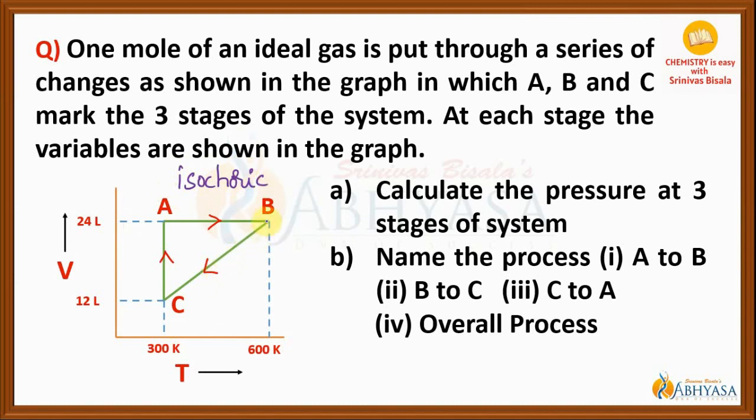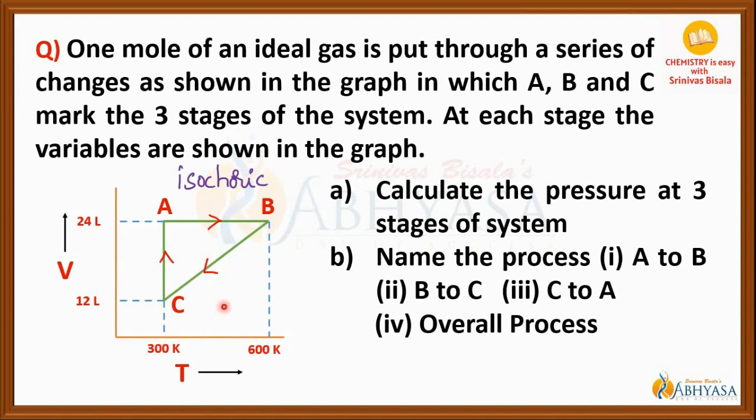Now let us see the change from B to C. From B to C, at B the volume is 24 liters and temperature is 600 Kelvin, and at C volume is 12 liters and the temperature is 300 Kelvin. So here the pressure is constant, and volume and temperature are changing.